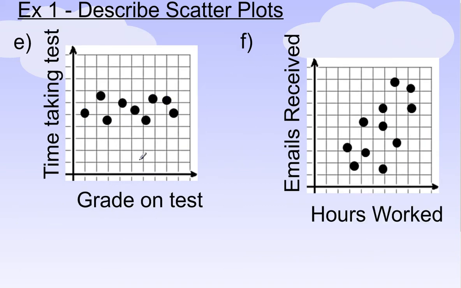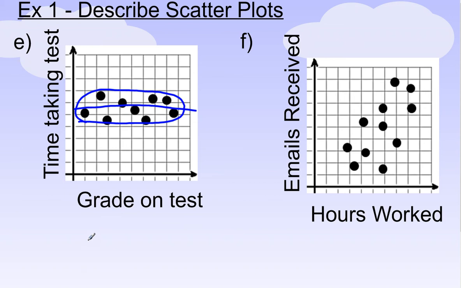Couple more here. Let's see. So this is comparing your grade on a test and the time taking a test. Okay, so let's see. Well, there definitely seems to be a line. If I connect this with an oval like this, there definitely seems to be a line of best fit here.